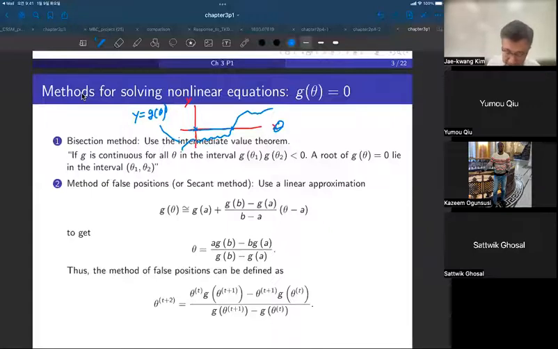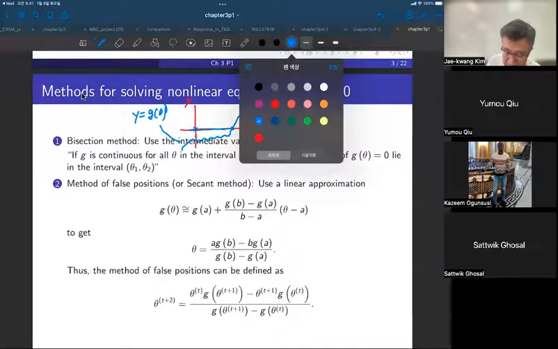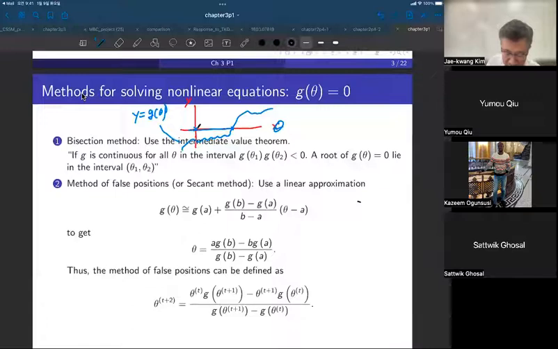The idea is basically if you start with a big range, say from 0 and some value, and then check the sign. One is positive, the other one is negative. Then if the function is continuous, the solution should be somewhere in between. So then we cut in half at the midpoint and evaluate again.